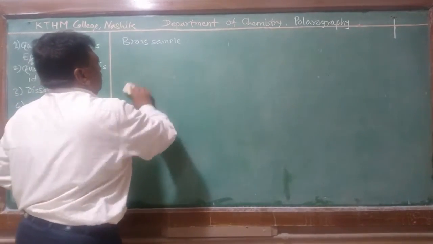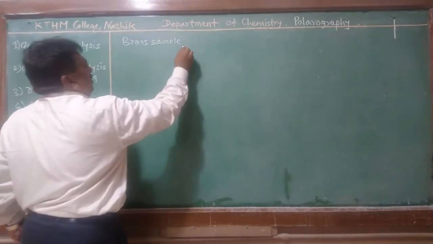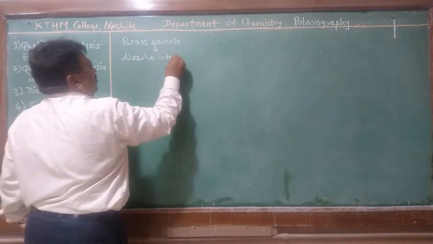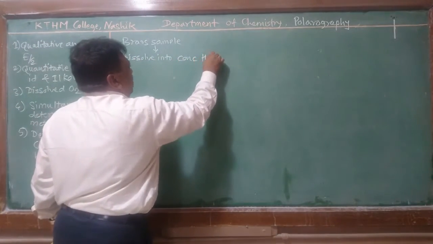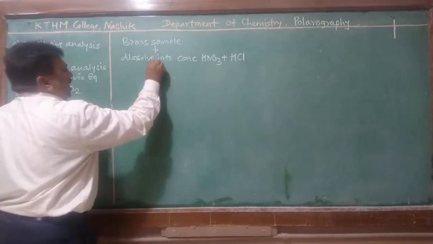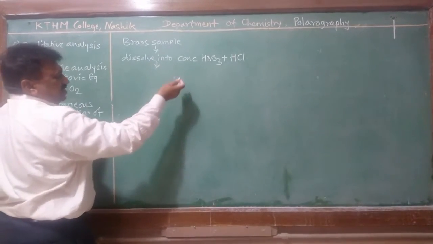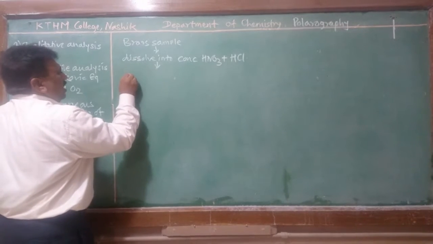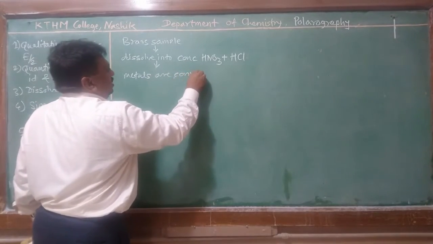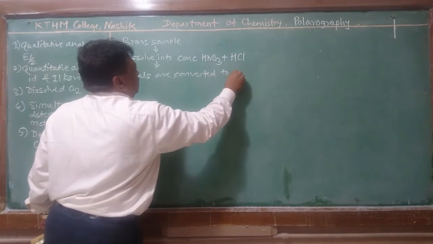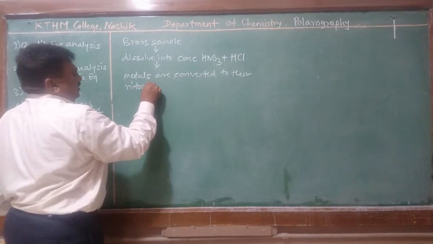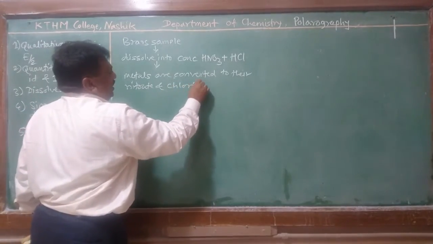Initially the brass sample is dissolved in concentrated HNO3 nitric acid and concentrated HCl, so that all the components, that is all the metals present in the brass sample, are converted to their nitrate and chloride salts.